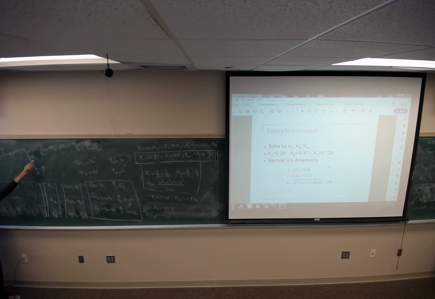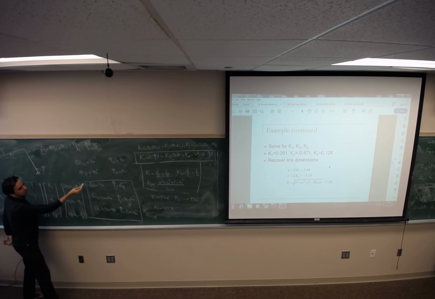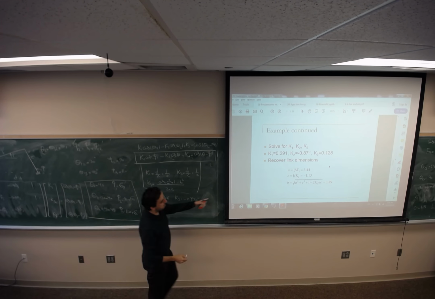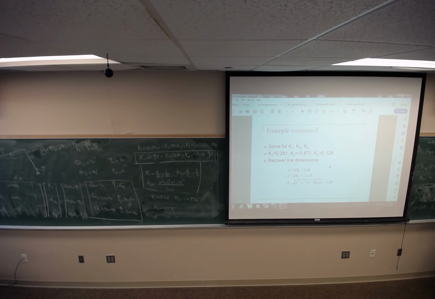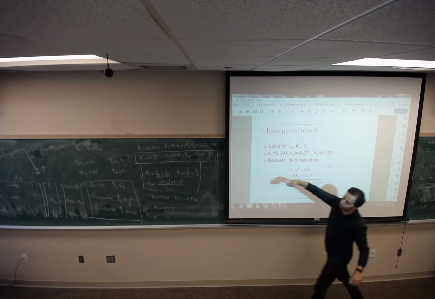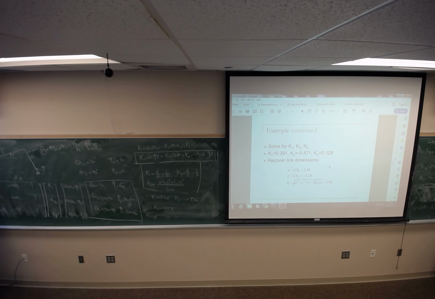If I want to draw C, phi 1 is 60, but the value that I got for C is negative. What I need to do is rotate link C by an angle of 180. So if this is C, just rotate it by 180 and draw C the other way. So C is 1.15, it's going to be somewhere here. So if this is point A, this is point B, and this is going to be 1.15, and connect these two.